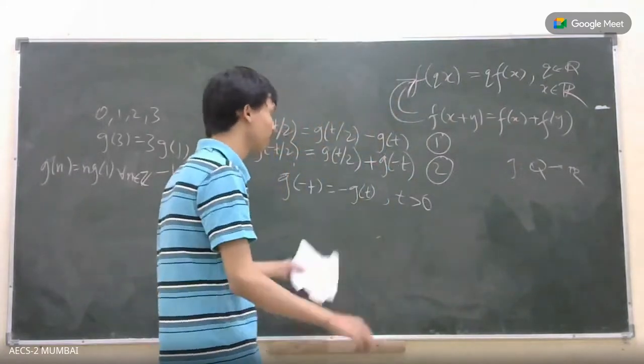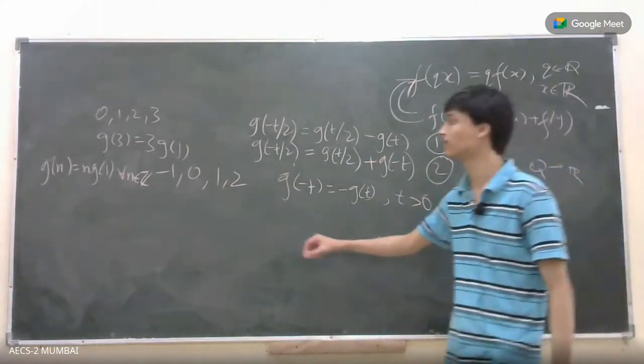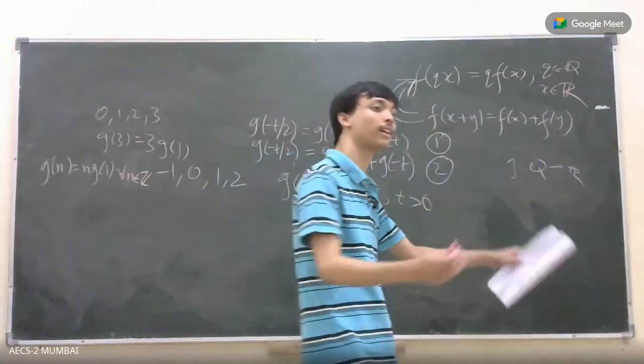Okay, so then basically the next step is to take rational numbers and prove that g of x equals x g of 1. And then finally you have to shift back.